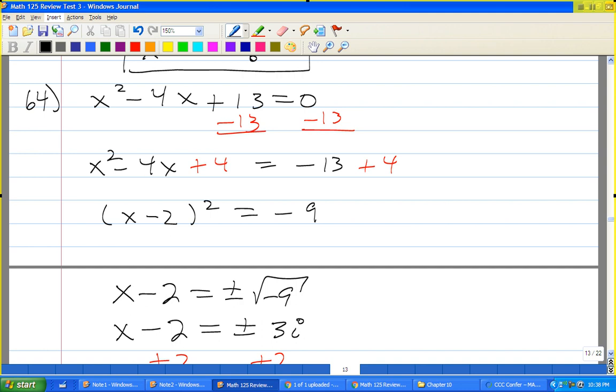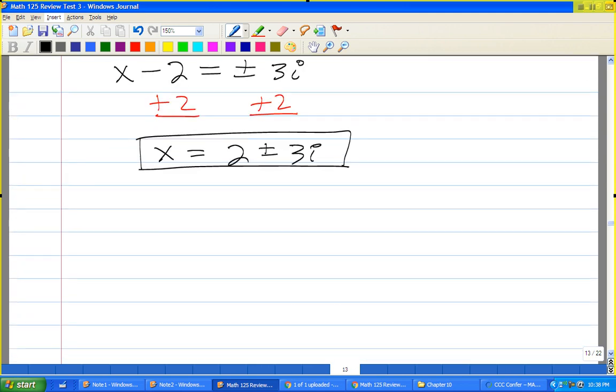Okay. Let me do problem number 65. And so, let's see problem 65. Use the quadratic formula to solve. Okay, so x squared plus 10x plus 3.